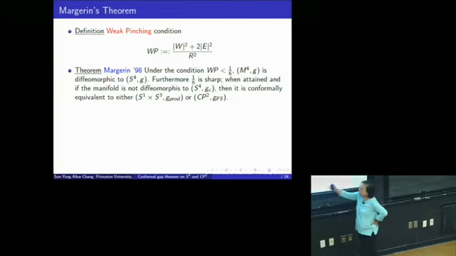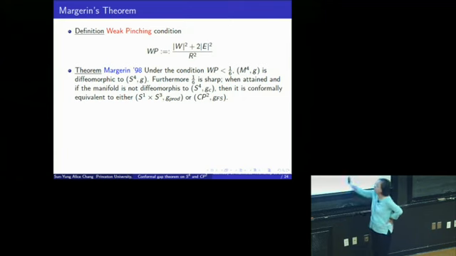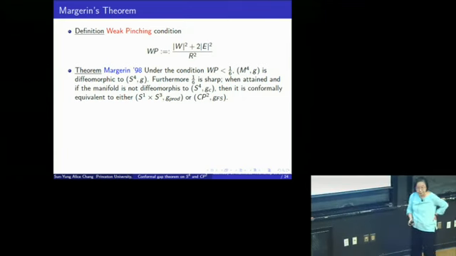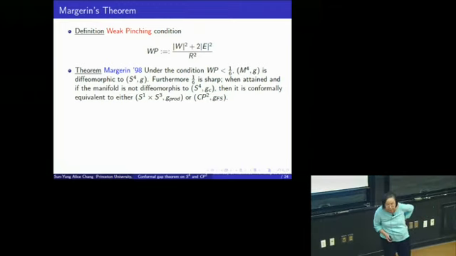Let me just say S1 cross S3 happens when the Weyl curvature is identically vanishing. In the other case, it's CP2. It's actually a moduli space of different conformal structures, so it might not be the product metric. It could be a universal cover, that's right. I'm talking about the simply connected case.